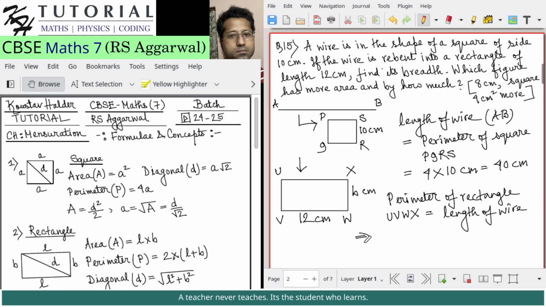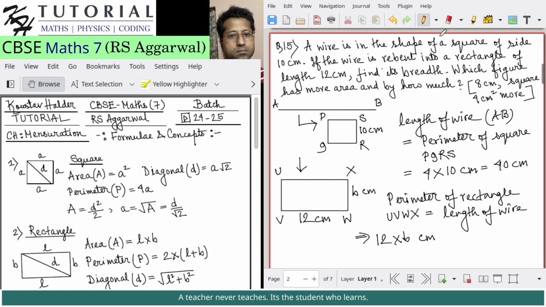So what will be the perimeter of the rectangle? It will be 12 multiplied by B centimeter. 12 centimeter is the length of the rectangle, and we have assumed B centimeter to be the breadth or width of the rectangle.